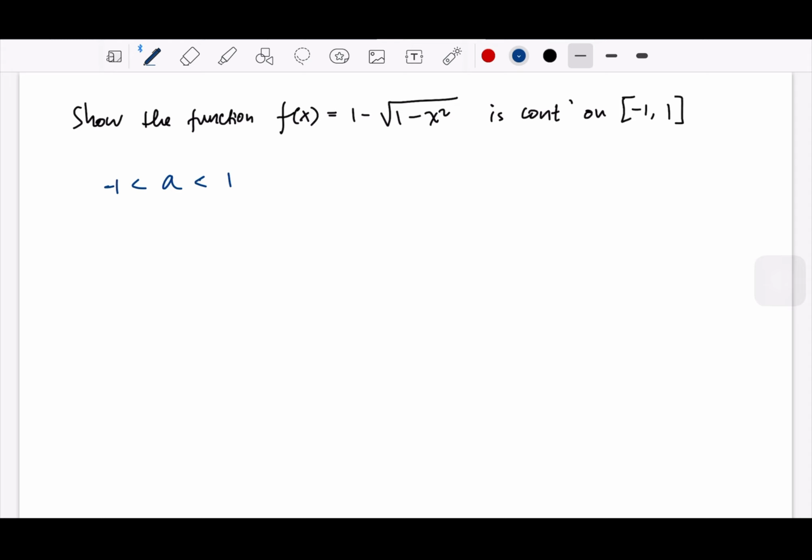And then we can just use the variable a as our limit approach. So our limit will be x approaching some number a in between -1 to 1.